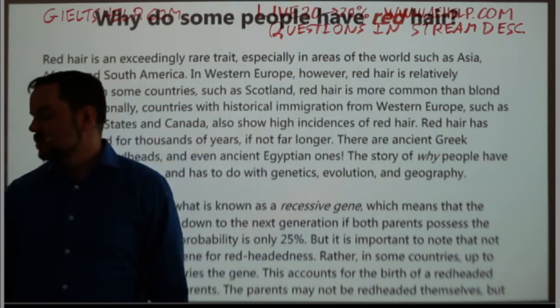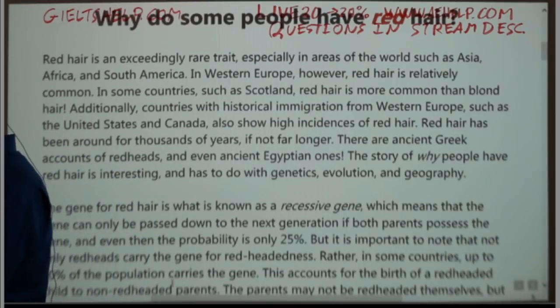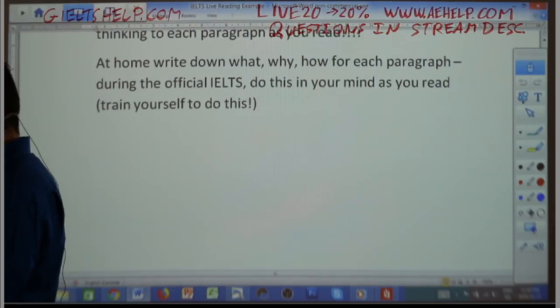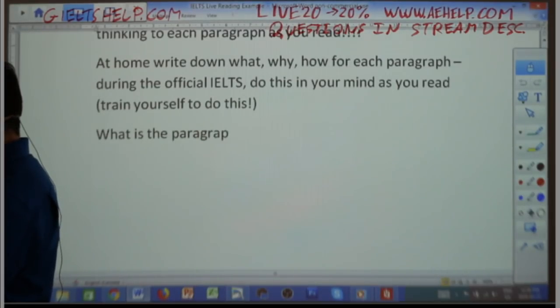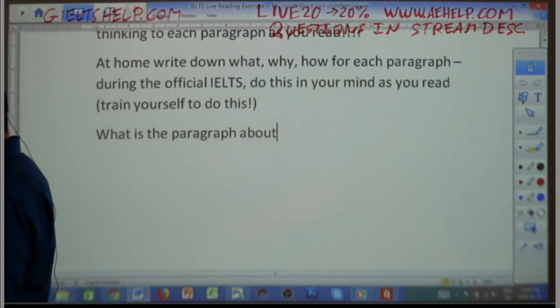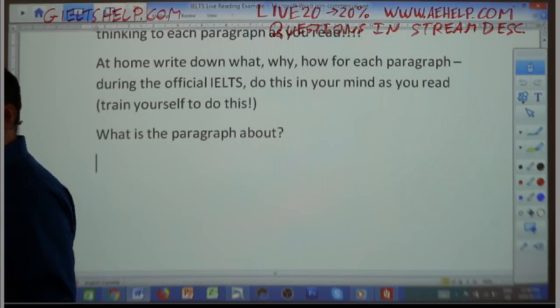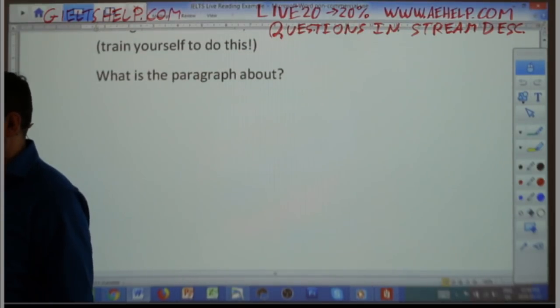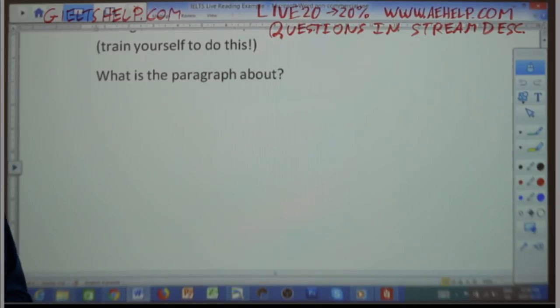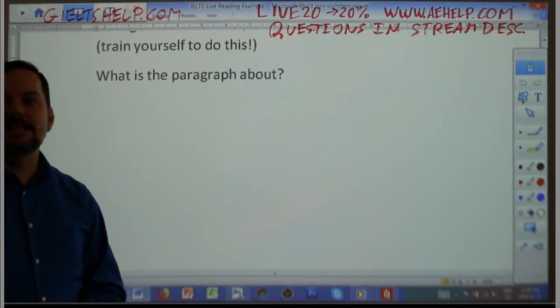All right? So, question number 1 is, what is this paragraph about?